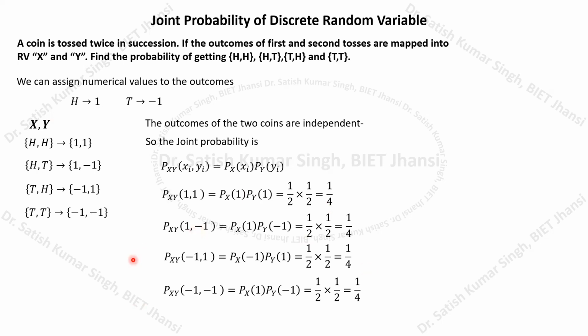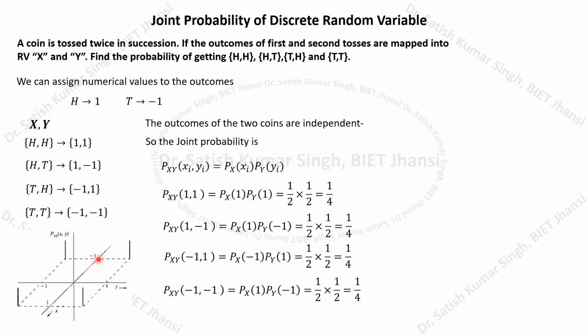Here you can also plot these probabilities onto this XY axis. I have taken this x-axis, where x equals 1 denotes the head in the first toss, and x equals -1 denotes the tail in the first toss.